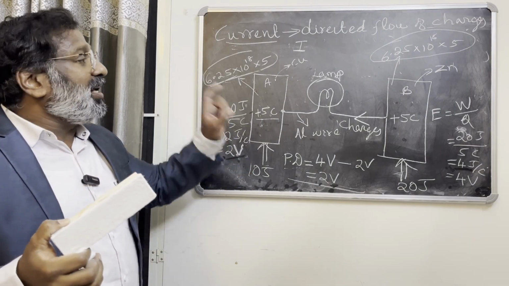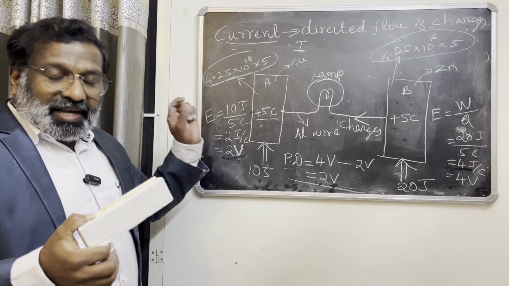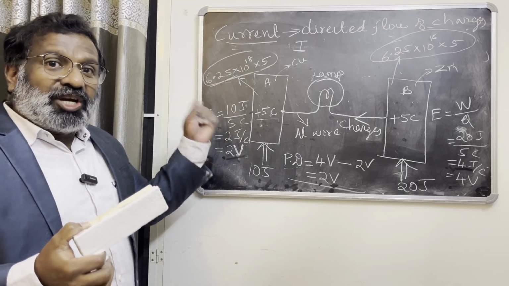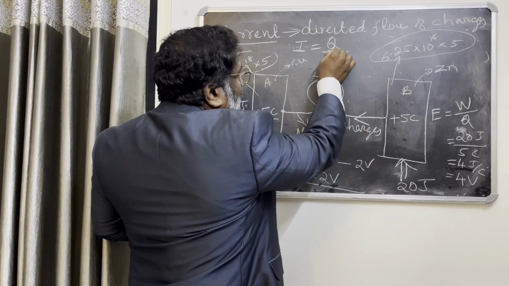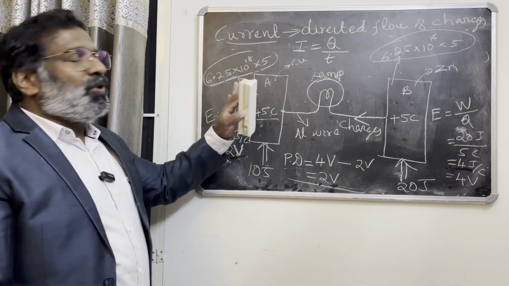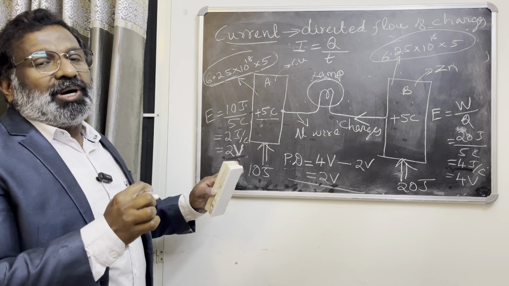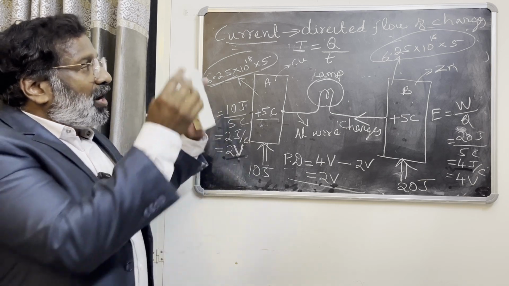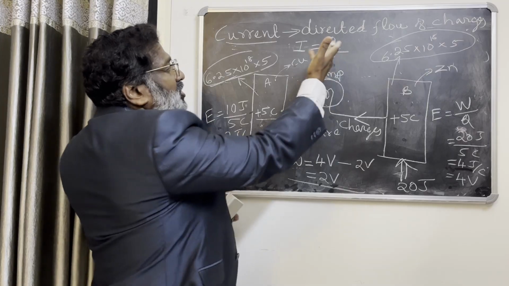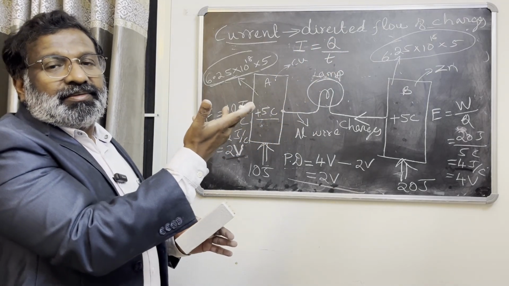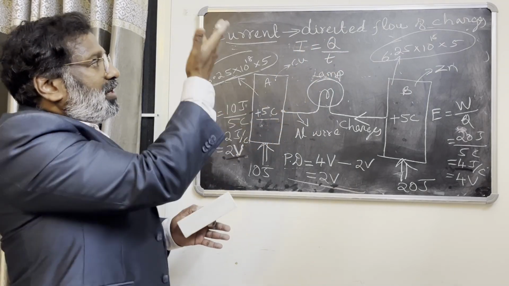Current is defined as the rate of flow of charge. What does it mean? Charge divided by time. So amount of charge passing through a section of the conductor in 1 second. Okay, that can be taken as unit of current.